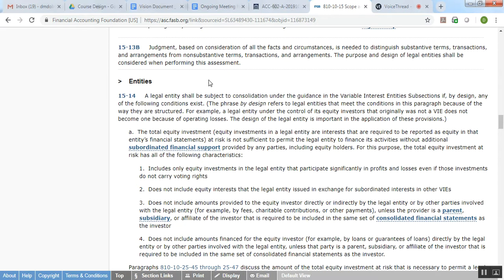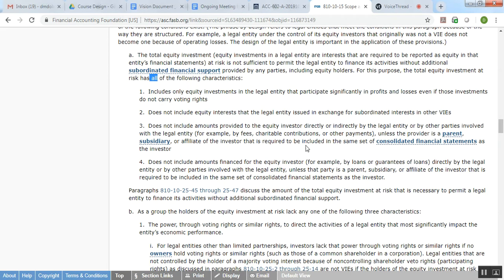Here's the definition of entities and what falls under it. For this purpose, the total equity investment at risk has all of the following characteristics. When you're reviewing the entity, you need to make sure that it has every single one of these. If it does not, then it doesn't fall under this guidance.